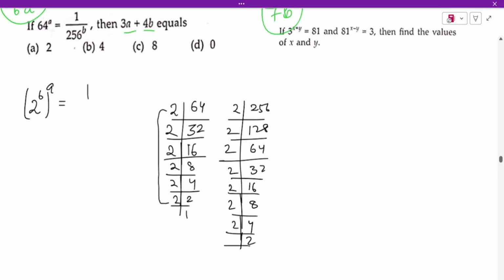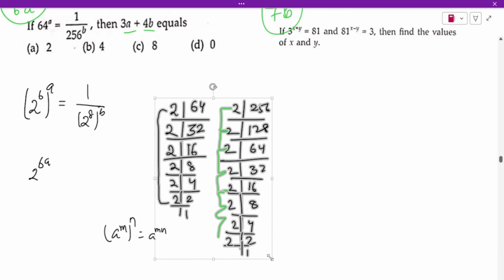So basically 2 is multiplied 8 times, which gives us 256. This means 256 can be written as 2 to the power of 8, whole power b. And the left is 2 to the power 6 into a, using the power rule, because a to the power m to the power n is equal to a to the power mn.